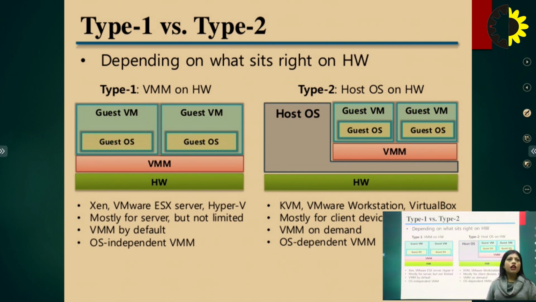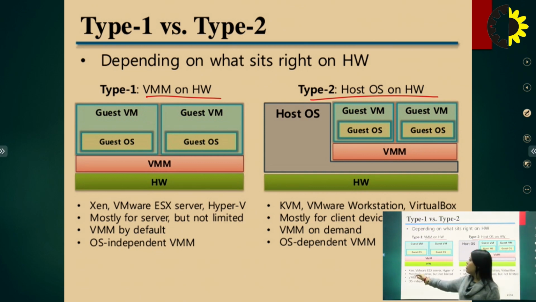Next, what is the difference between type 1 and type 2 hypervisor? In type 1 hypervisor we have a virtual machine monitor, but in type 2 hypervisor we have a host operating system on the hardware. Type 1 examples are Xen and the VMware ESX server hypervisor, mostly for servers but not limited.